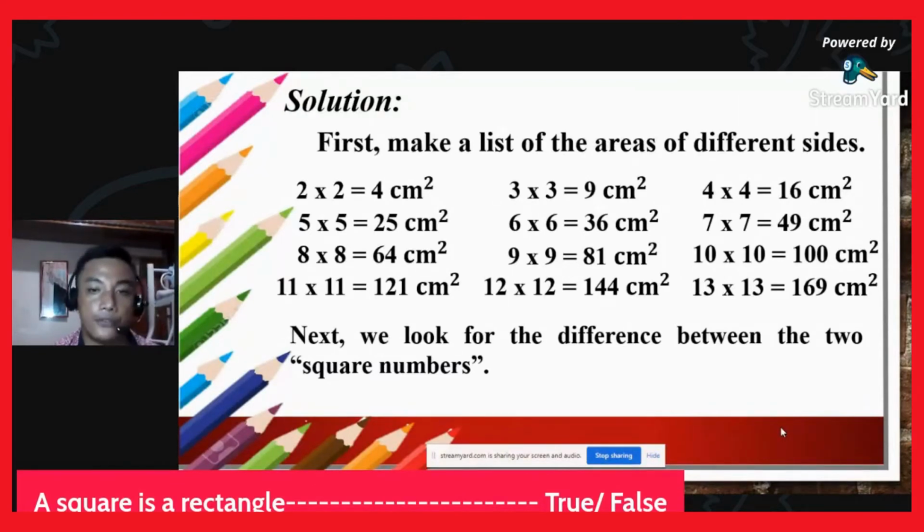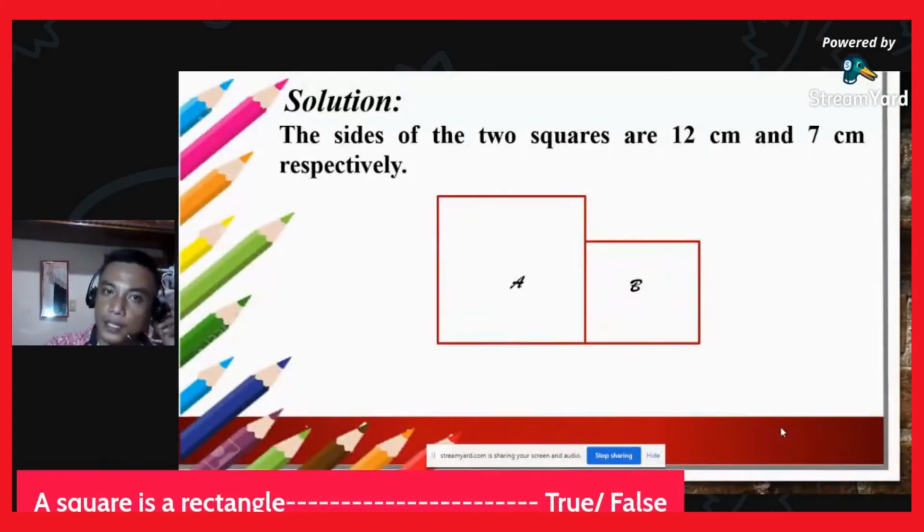The difference is 5. So we have 144 and 49. We could now say that the sides of the two squares are equal to 12 and 7. Next is the measure of this side, that is 12 minus 7.